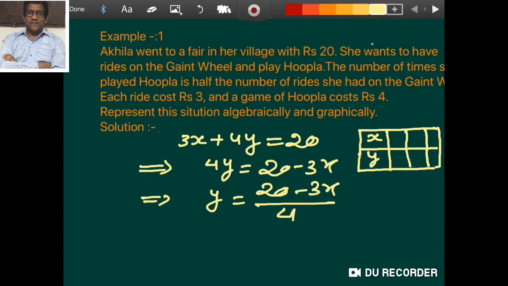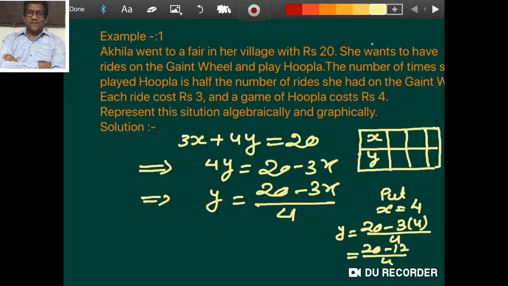Here if we put x is equal to 4, we will get y is equal to 20 minus 3 into 4 upon 4, that is 20 minus 12 upon 4 is equal to 8 upon 4 is equal to 2. So for x is equal to 4, we get y is equal to 2.